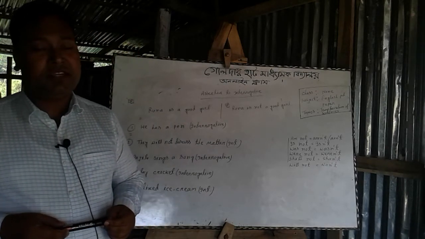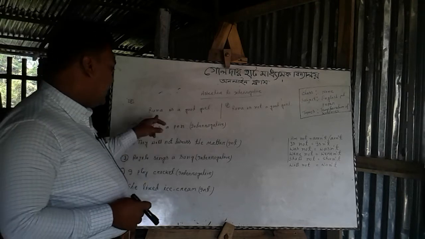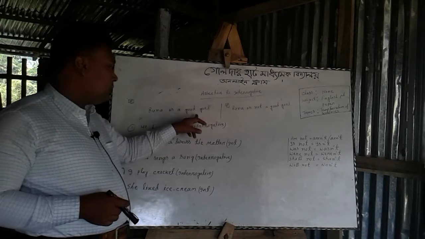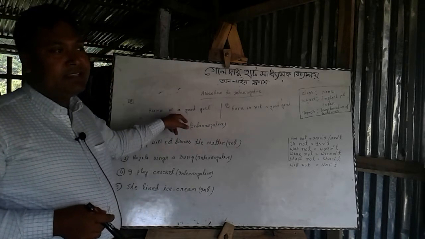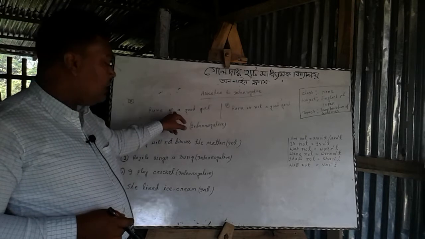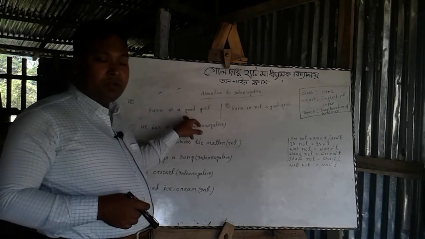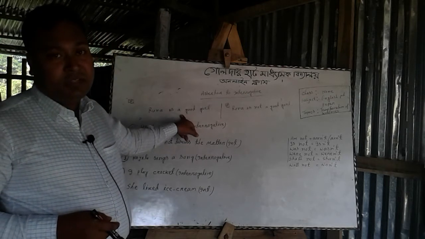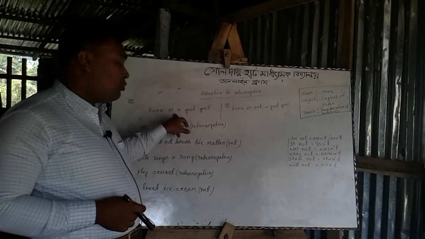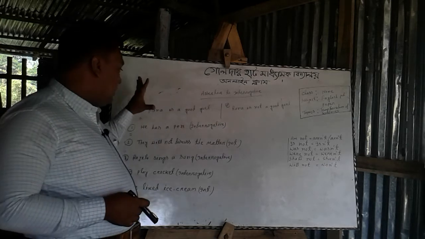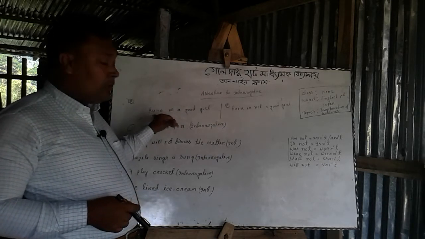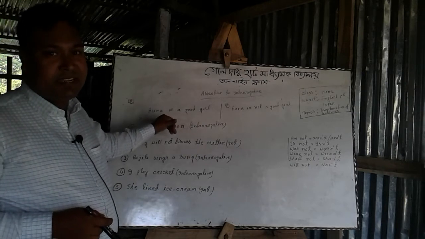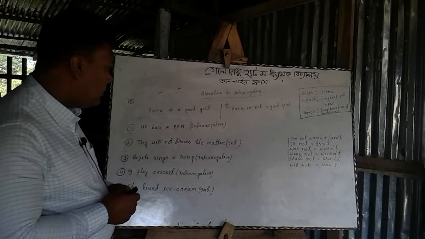Here, Runa is a good girl, and is is a kind of auxiliary verb, and after is, not is not used.